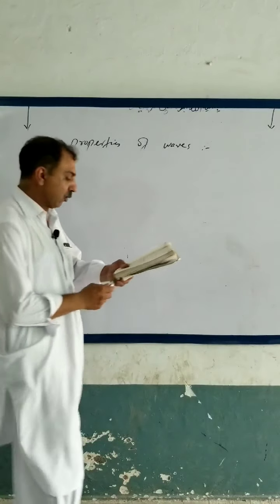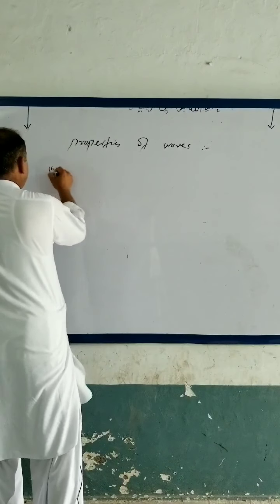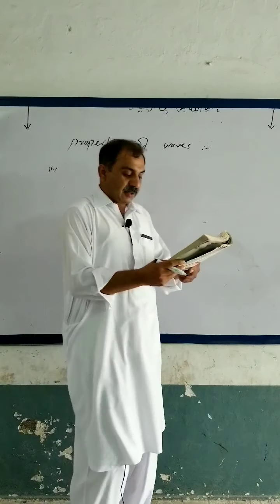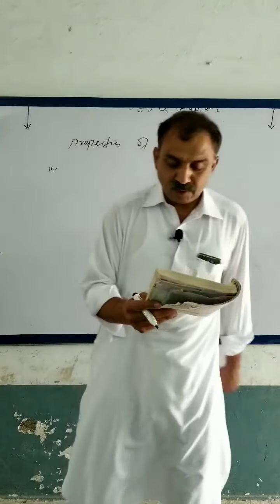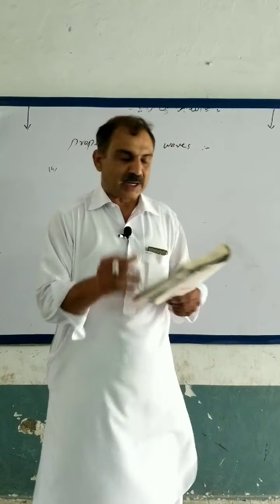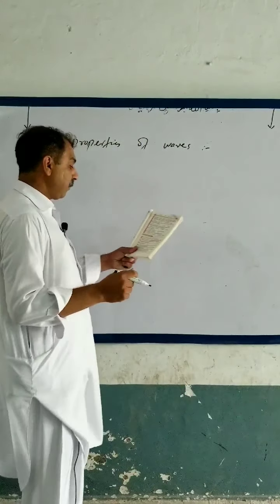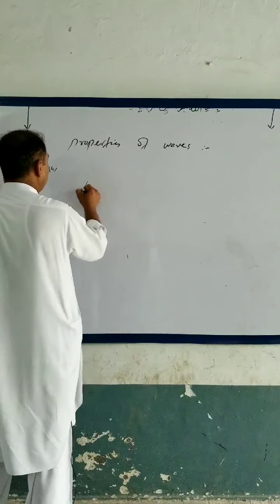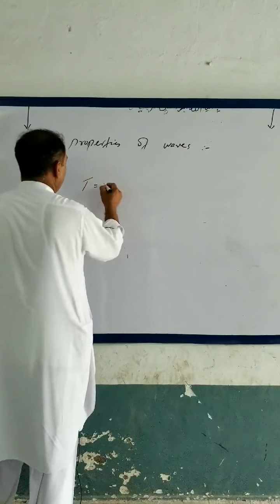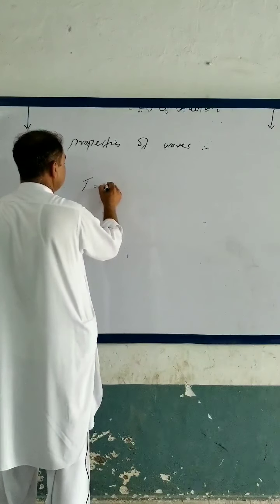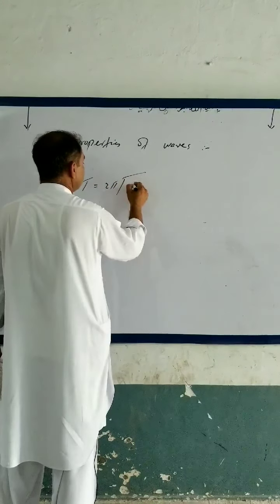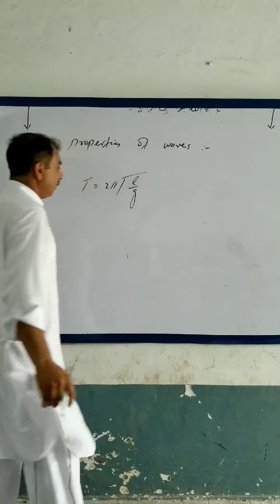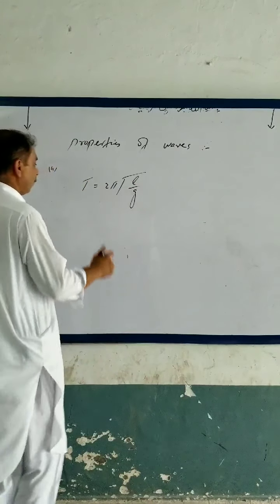This is question number 4. So the time period of the pendulum is T equals 2 pi under root L by g.